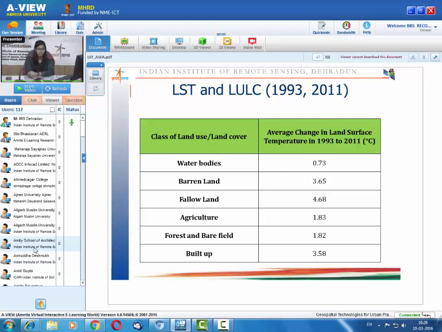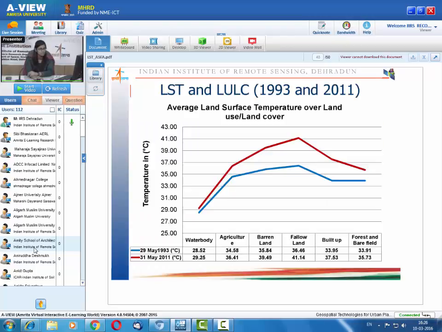So if we plot a graph and we try to analyze that, yes, there has been a difference. So we see that barren land, fallow land and built up have a huge temperature increase in 2011. So blue line is showing you the temperature in 1993. However, 2011, the red line shows you the temperature increase.